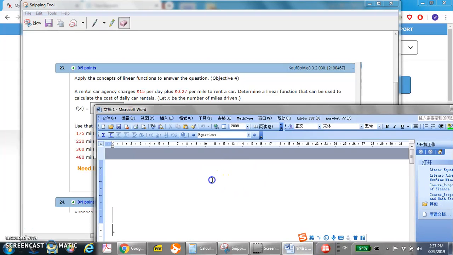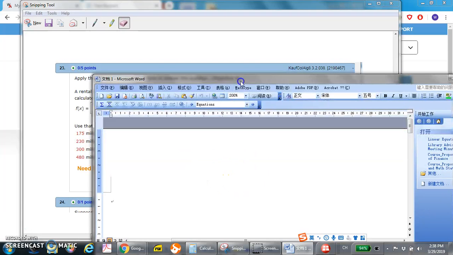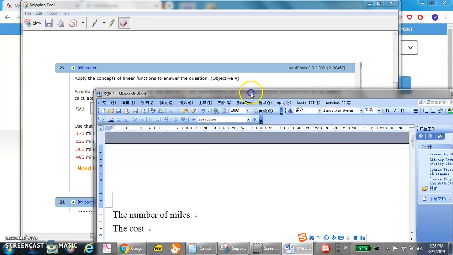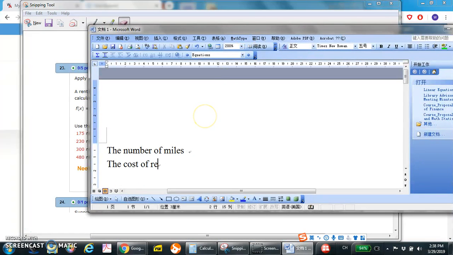So in this problem, there are two terms. One is the number of miles, and the second term is the cost of renting a car.